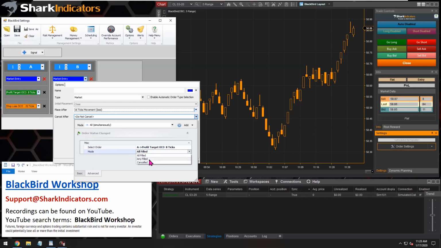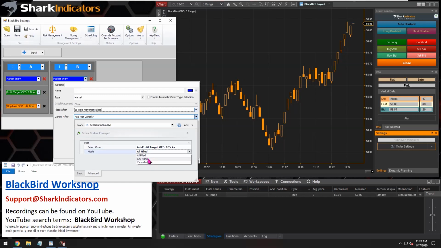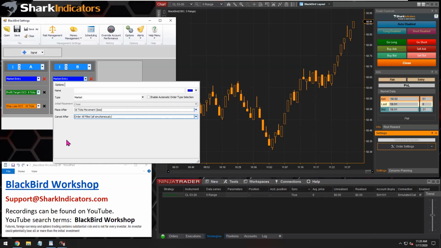This is only set to one contract, so all filled or any filled isn't going to matter. But let's say you're trading 5 contracts here for order A, then you can say, well, if any of those contracts get filled, then let's cancel order B, right? Or if all of them get filled here. So we'll just leave it on all for now.